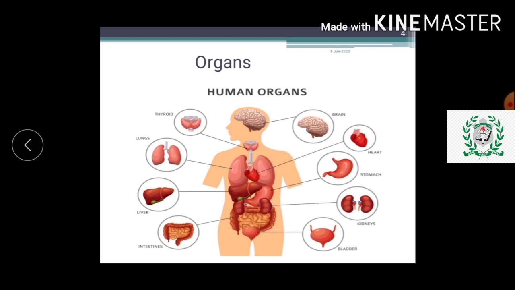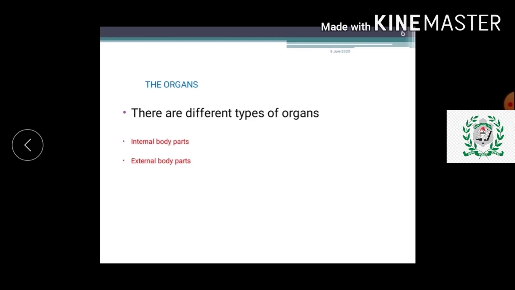There are two kinds of organs in our body: internal body parts and external body parts. Now let us see the definition.